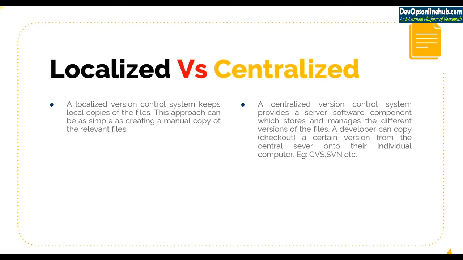For such kind of versioning, we need a centralized version control system, a single place where they can put all their code and they can maintain the code locally also. Whenever they are making a change, they push it to the centralized server. Some examples are CVS, SVN, and there are plenty more.